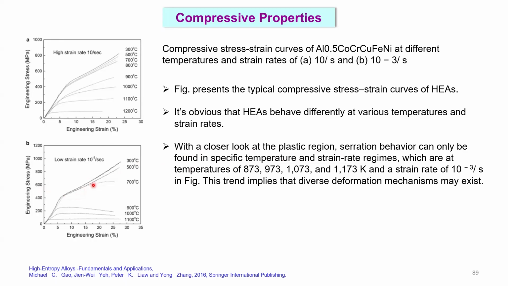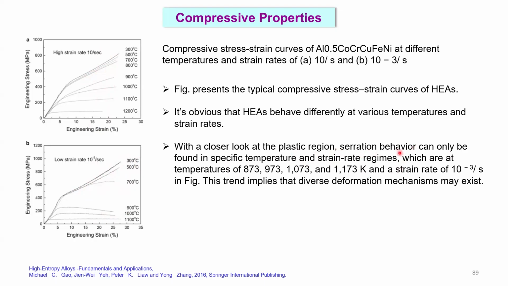But here if you have a close look at the plastic region, that is this region, this is a completely plastic region. A serration behavior can only be found in specific temperatures and strain rate regions. So, the serrations are not found in all temperatures. I think here it is very well pronounced at low temperatures, and at high strain rates, again in very small regions we see the serrations.